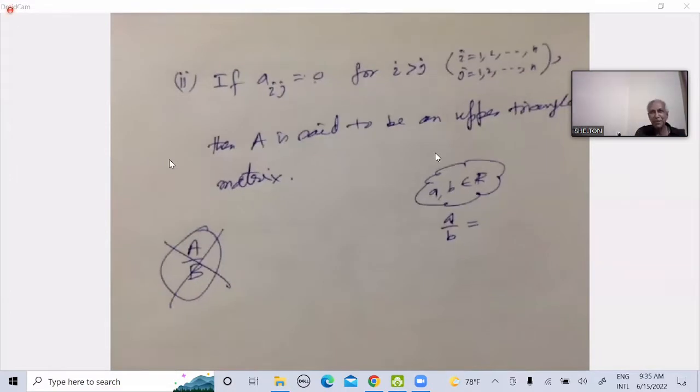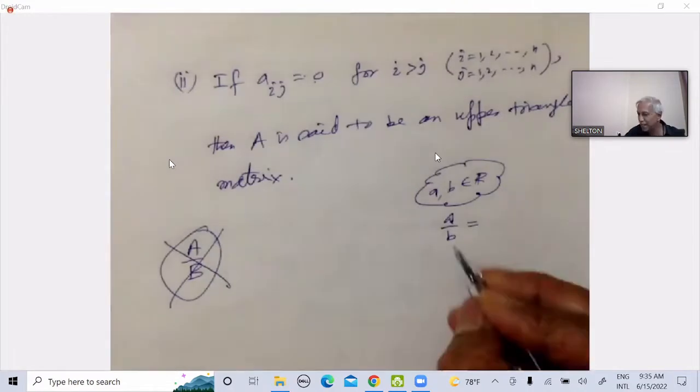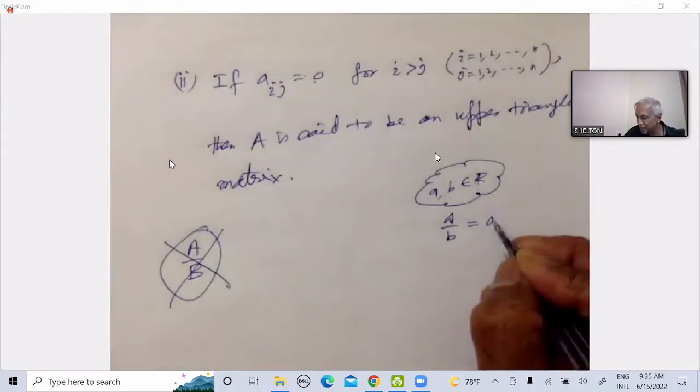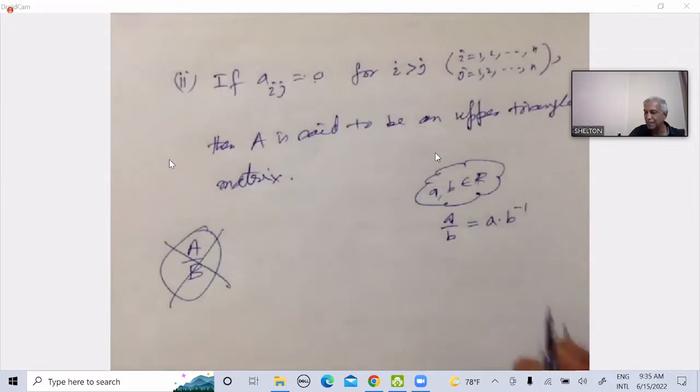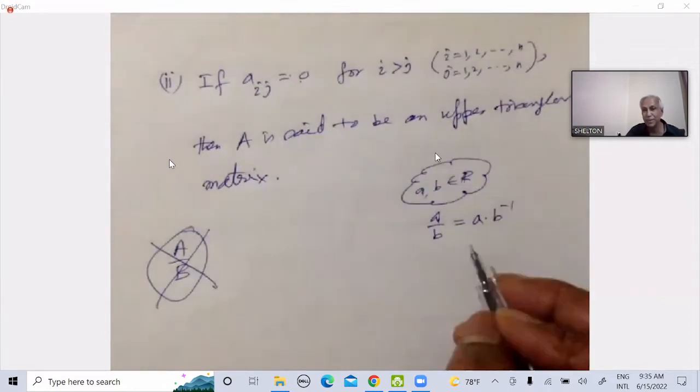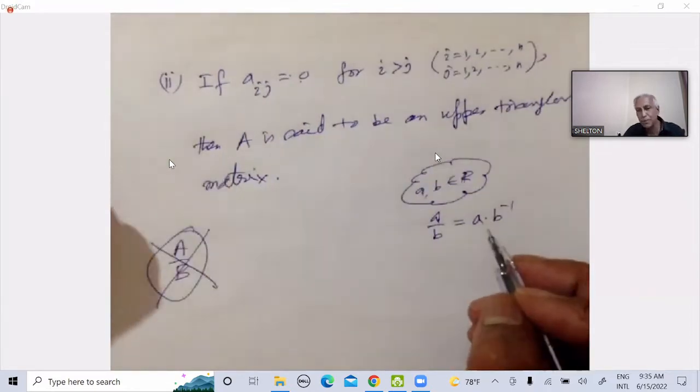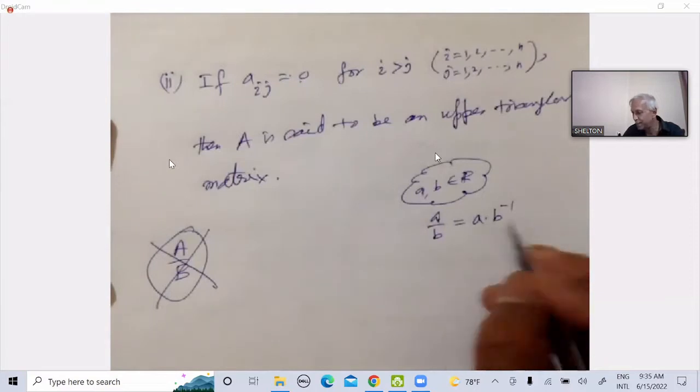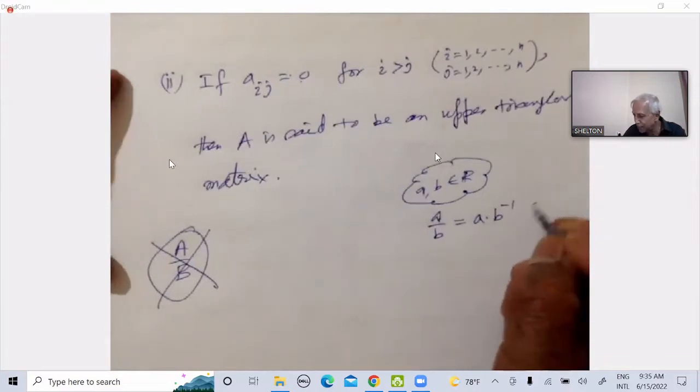That one gadget can be thought of as a new type of number consisting of mn numbers, no? M by n. So A over B for real numbers, we know this is A multiplied by B inverse. Like 1 over B is defined here. We don't talk about 1 over a matrix, okay? A B inverse, here the only condition is B not equal to 0.